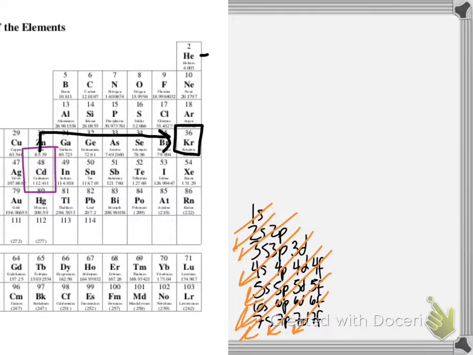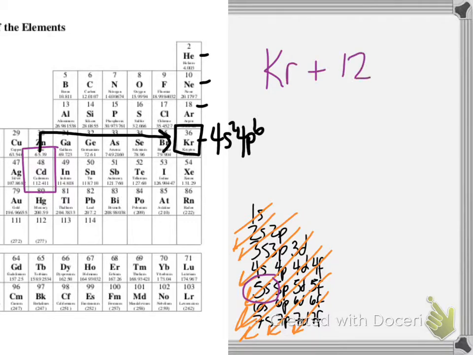Let's see, 1, 2, 3, aha. This ended with a 4s2, 4p6. So what starts to fill after 4p6? 5s. And how many electrons do I need to get from krypton to cadmium? Well, 48 minus 36. This is basically krypton plus 12 electrons.